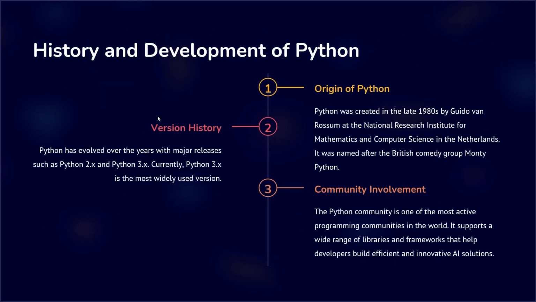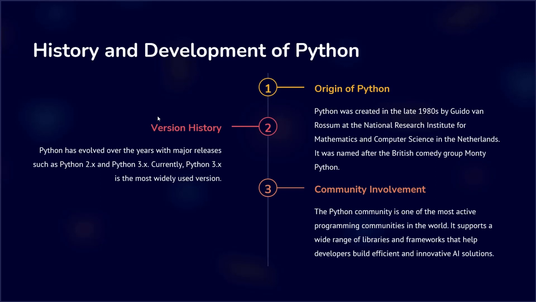So this is also basic info that, as a beginner, you should have with you: who created Python, where, when it was created, and so on. Python was created in the 1980s by Guido van Rossum at the National Research Institute for Mathematics and Computer Science in the Netherlands. And the name Python was given to this language after the British comedy group Monty Python.